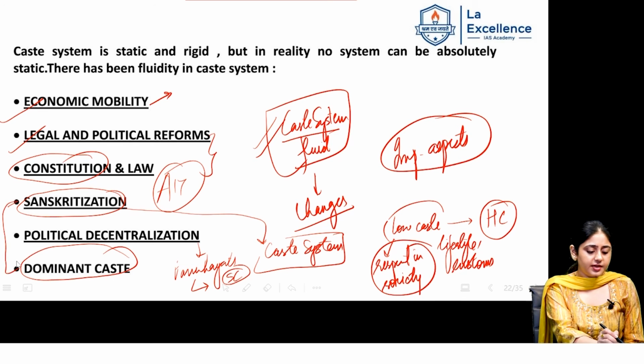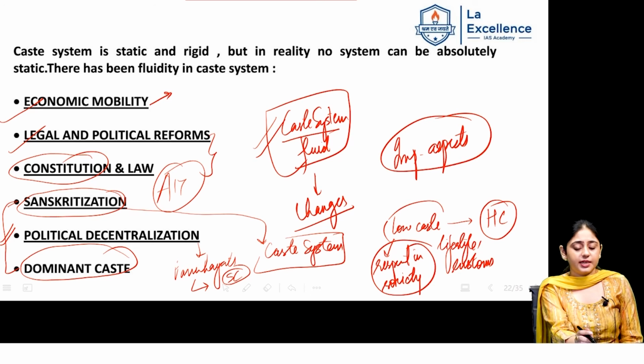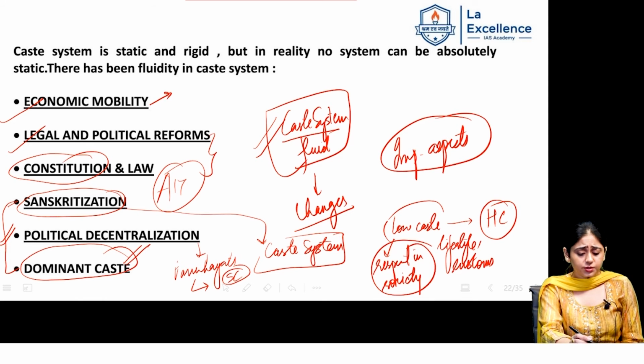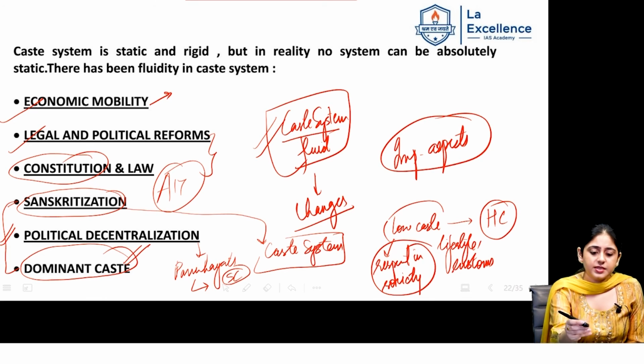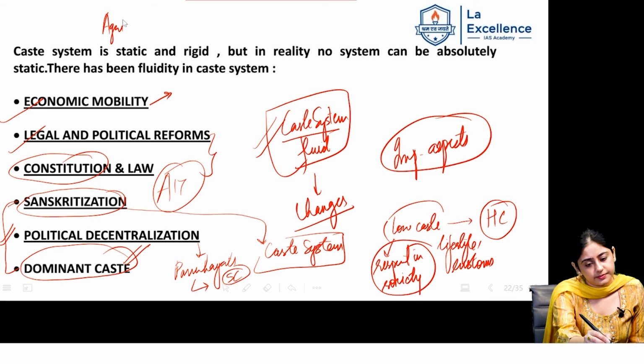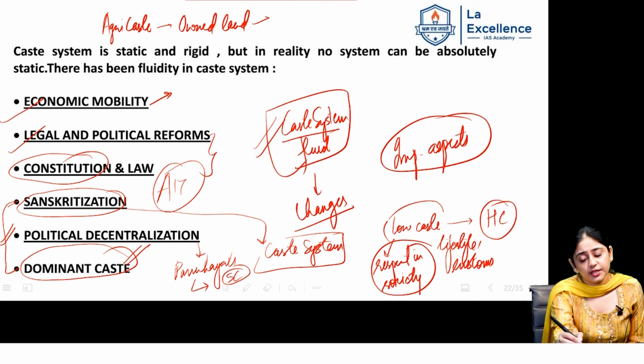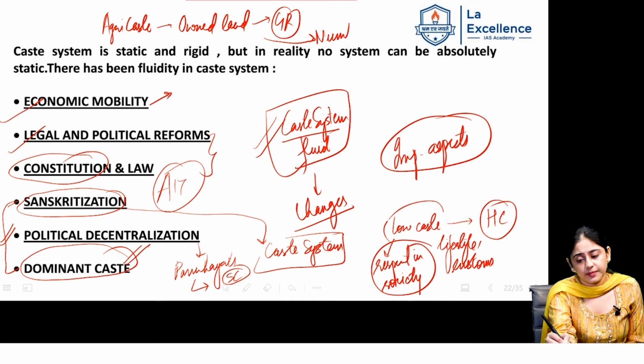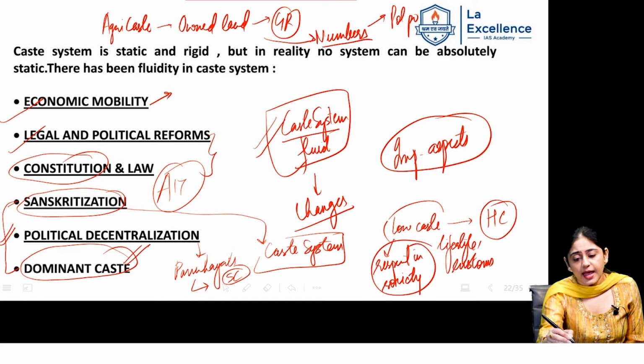Scholar M.N. Srinivas gave these two terms: Sanskritization, copying the lifestyle and customs of the higher caste, and dominant caste. In dominant caste, he says that certain agricultural castes, because they owned land and had major economic success because of the Green Revolution, plus their numbers are more, are gaining political power.